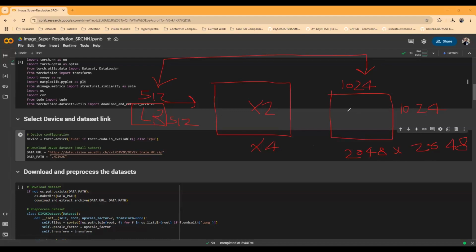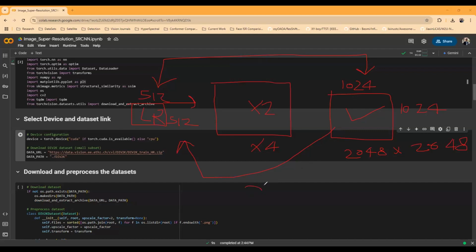For that, usually we have the high resolution part, and we generate the low resolution counterparts. And what should we do to generate this? We are simply downsampling the images, because correctly upsampling the images may not be possible all the time, but degrading an image into lower resolution dimensions is always possible.